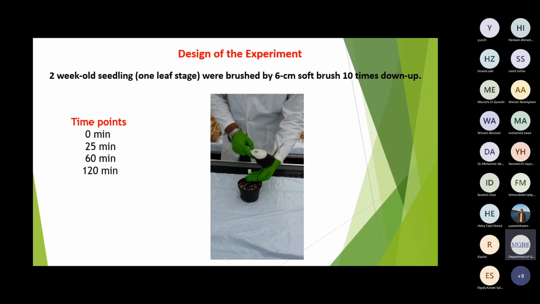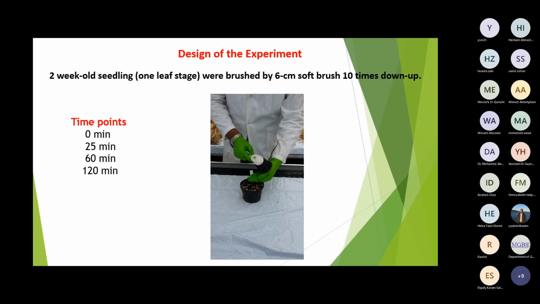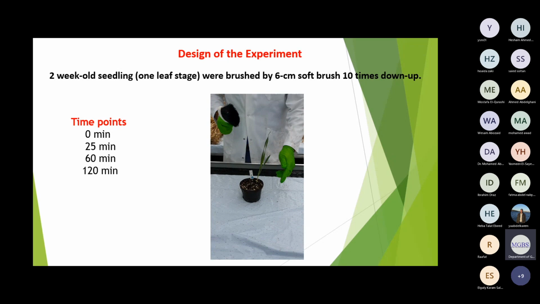This is what I did. I brushed 6 centimeters, and then I brushed the whole seedling from down to up 10 times. And you can imagine that only this touching can upregulate thousands of genes in these 3 species.